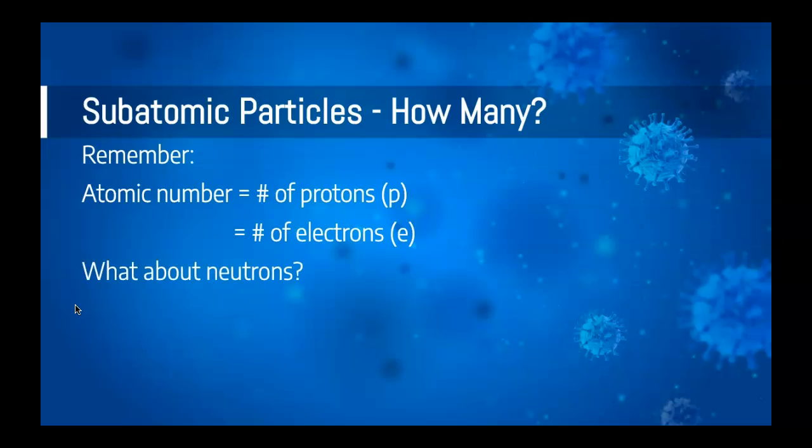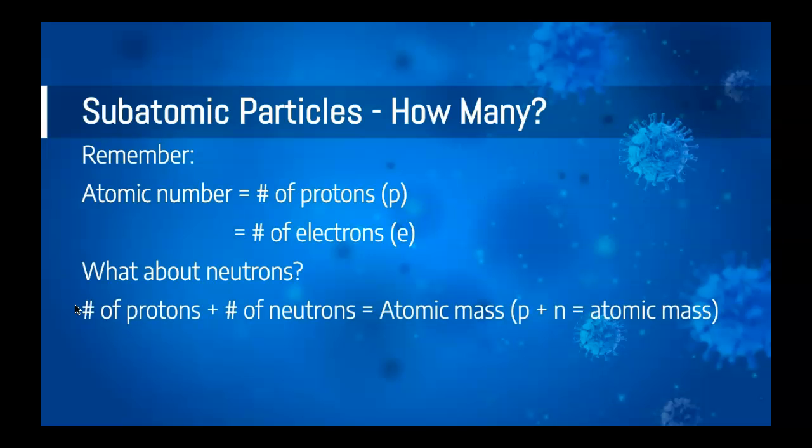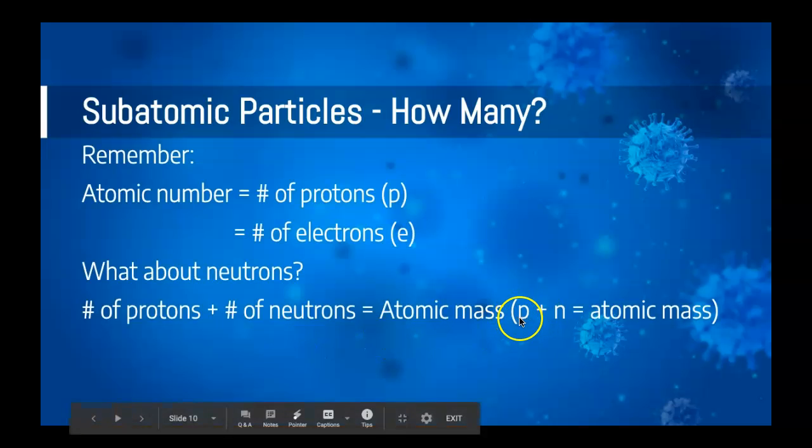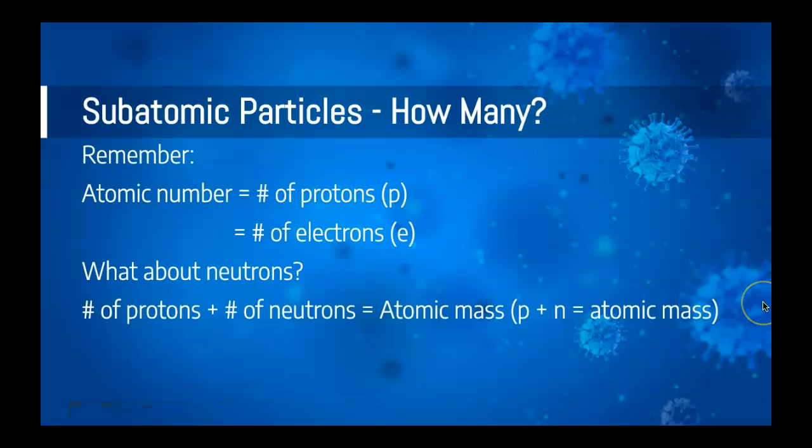How do we figure that out? Well, remember, the atomic mass is the number of protons and the number of neutrons all added up. That's where all of the mass of an atom comes from, because the electrons weigh so little that we don't care. So, P, the number of protons, plus N, the number of neutrons, gives us the atomic mass.